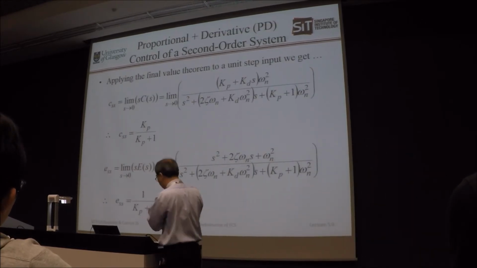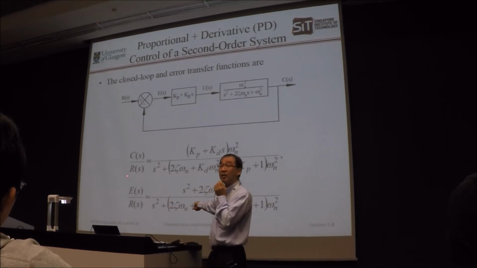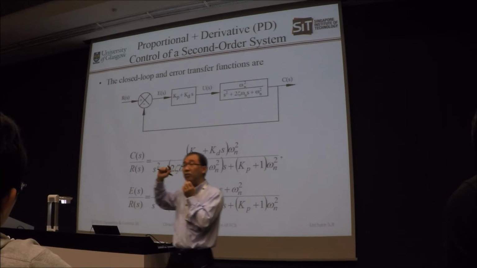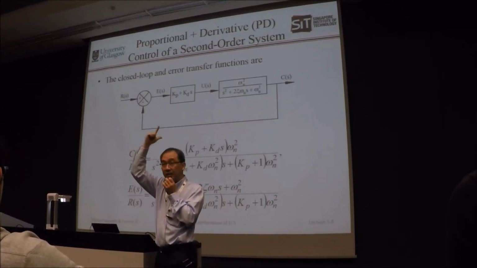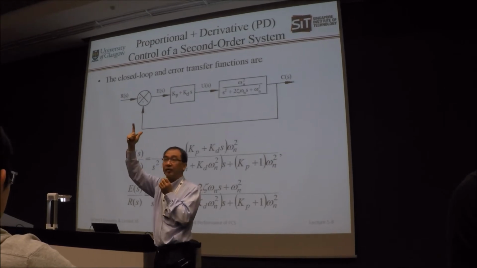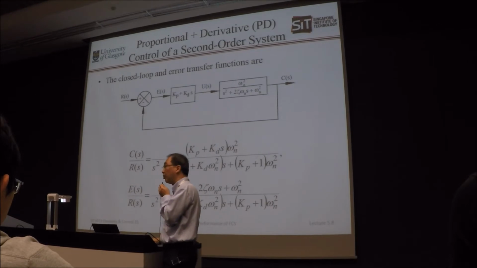You can see it is still maintained as a second order transfer function. But what we are trying to do is see how the undamped natural frequency and damping ratio have changed. Right? These two parameters, how have they changed when you close the loop?